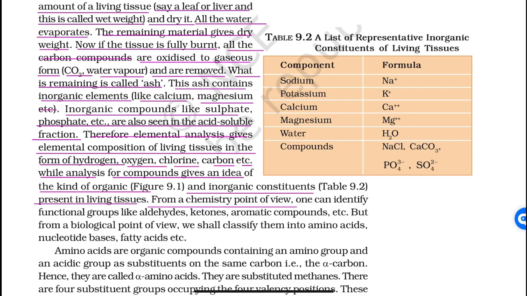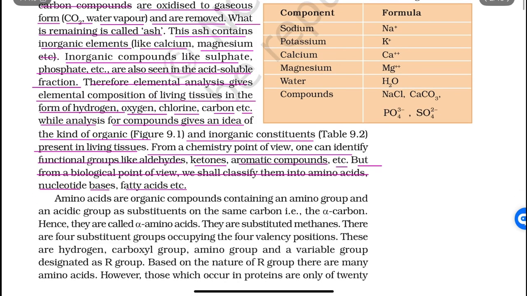From a chemistry point of view, one can identify functional groups like aldehydes, ketones, aromatic compounds, etc. But from a biological point of view, we shall classify them into amino acids, nucleotide bases, fatty acids, etc.